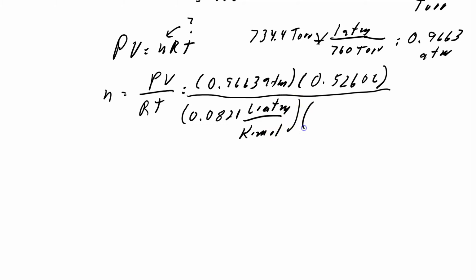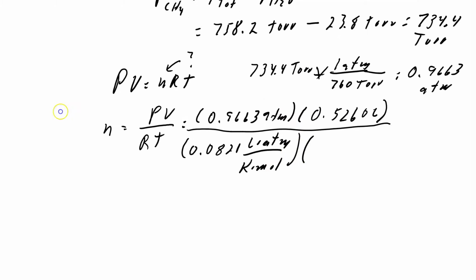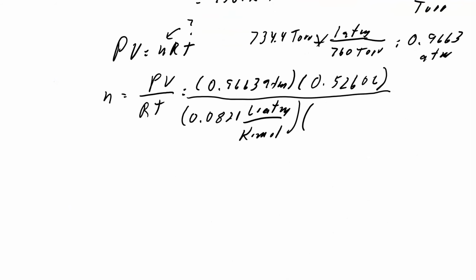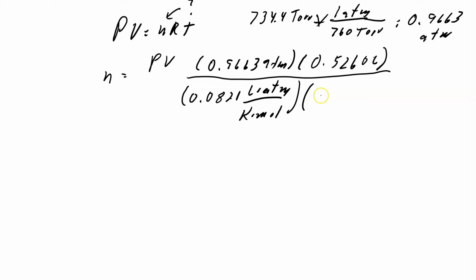And lastly, our temperature was 25 degrees Celsius. So we're going to add 273.15 to that. So we're going to end up with 293.15 kelvins. So now we're good to go.